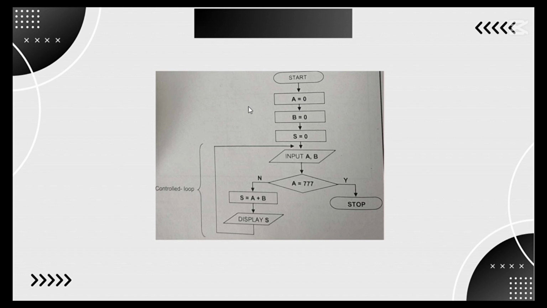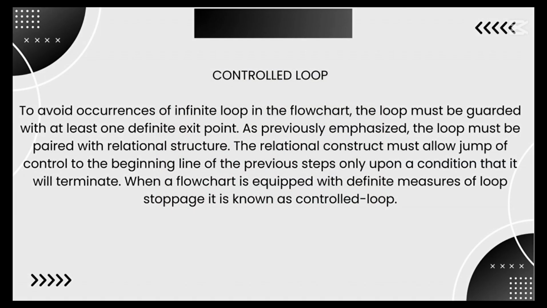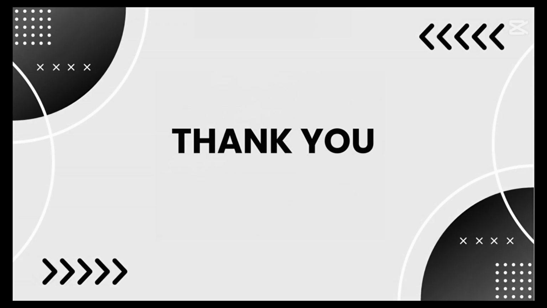There is input, then process, and a shape whose name I forgot, but it is for input and output. Then it loops back along the arrow, going back and forth. If no, it keeps going back. If yes, then stop. To avoid the occurrence of an infinite loop in the flowchart, the loop must be guarded with at least one definite exit point. That is the exit point. Thank you.